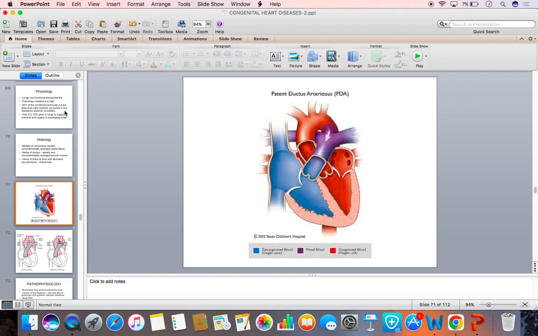This is the picture showing the patent ductus arteriosus. It connects the aorta distal to the subclavian artery onto the pulmonary trunk, close to the branching of the left pulmonary artery. Here, direction of flow is from the aorta into the pulmonary trunk.